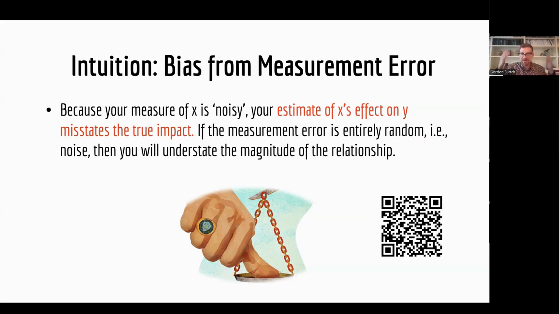As a result, you're going to understate the effect that X actually has on Y. The noise is basically impeding your ability to pick up on the true magnitude of the effect. It results in what's called attenuation bias. This is the one that gets talked about most in textbooks because it's the easiest one to demonstrate mathematically. Now, assuming random noise is a big assumption.